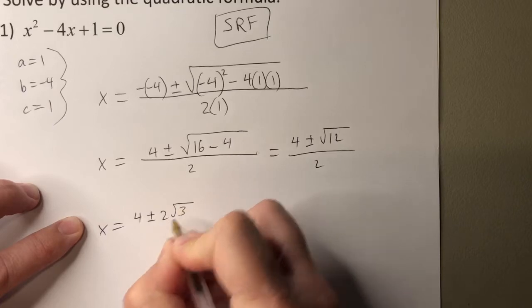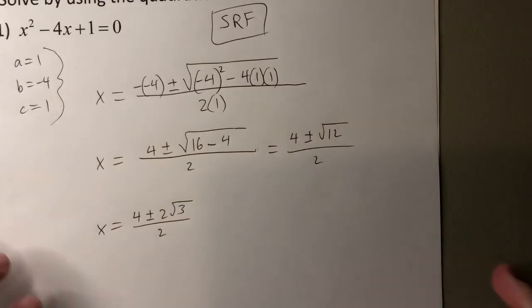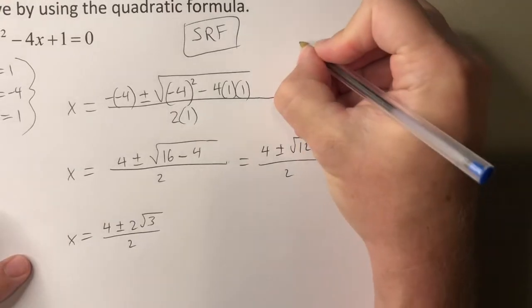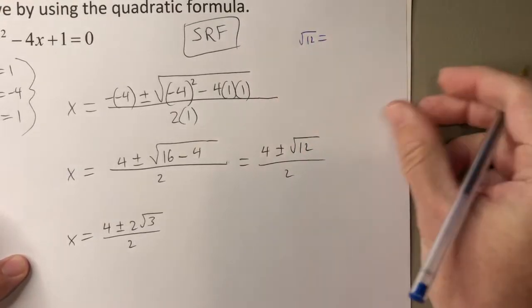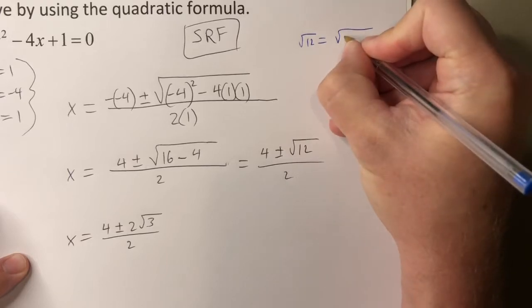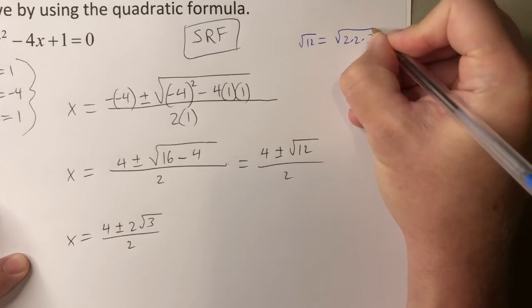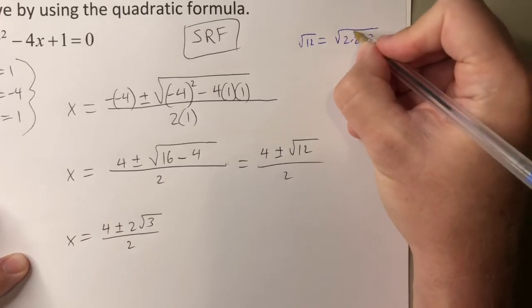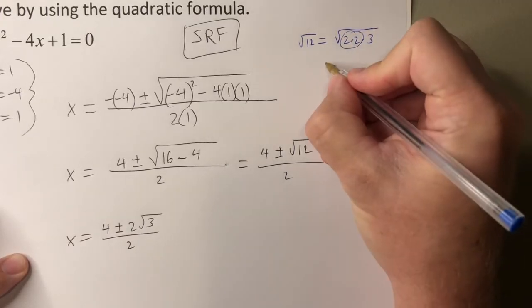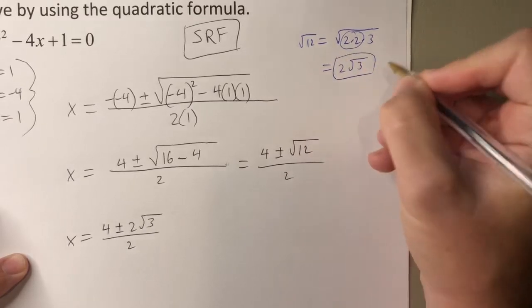How do I know that? Well, radical 12 is the same as 2 times 2 times 3. It's just a square root. So for every pair of like bases, you pull that like base out once in front, and there you go. Simplest radical form.